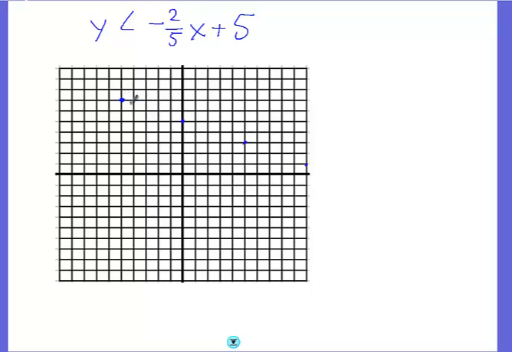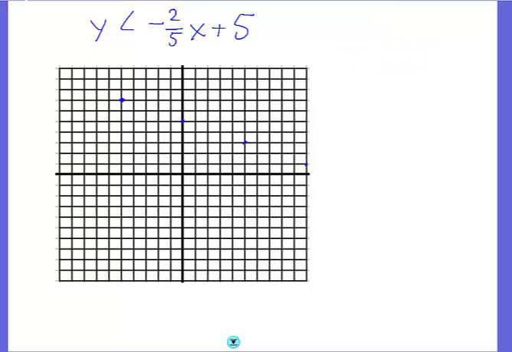All right. Now, if we notice here, our inequality symbol just says less than. So say you had x is less than 4. When you draw your number line, 4 is going to be in the middle of it. There's 3 there. There's a 5 there. If you remember correctly, on 4, since there's no equality here, it's just less than or greater than, there's going to be an open circle on 4. Now, when you graph a line, you can't really have an open line because then you wouldn't have a line.